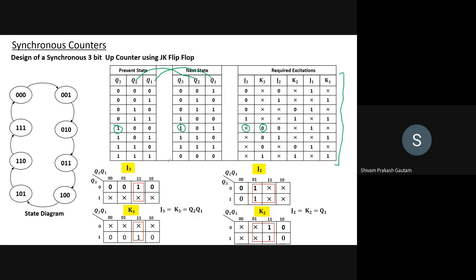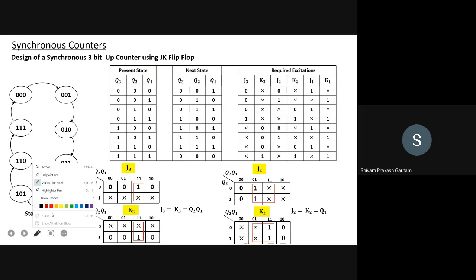Okay. So once this table has been made, now you have to find the expression for J3, K3, J2, K2, J1, K1.